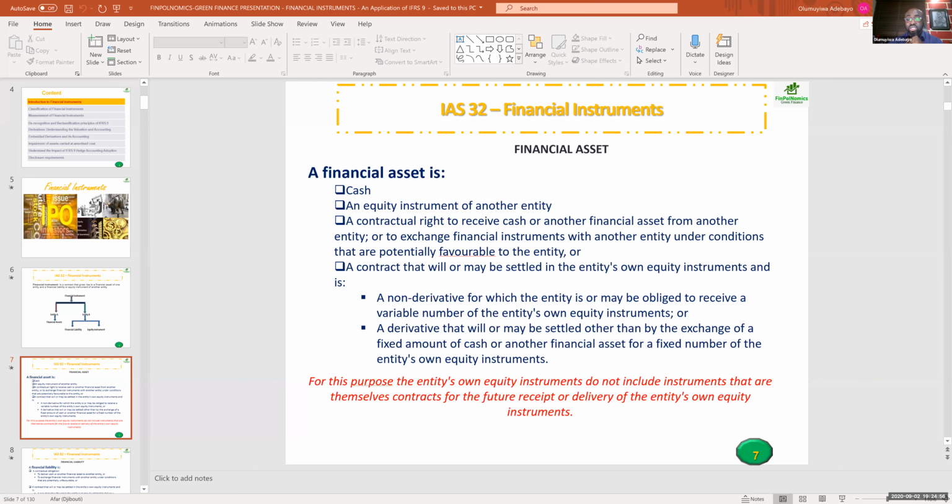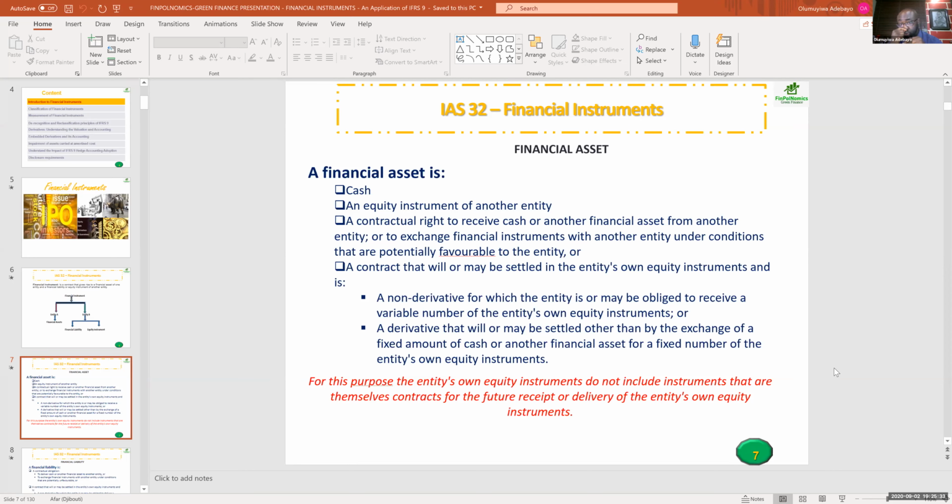One is a non-derivative for which the entity is or may be obliged to receive a variable number of its own shares, and we're going to discuss this as we move on further. Two, it could be a derivative that will or may be settled other than by exchange of a fixed amount of cash or another financial asset.